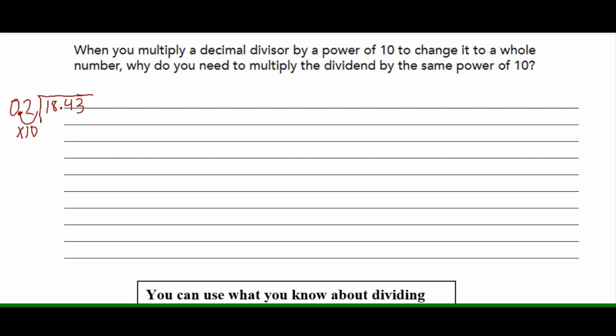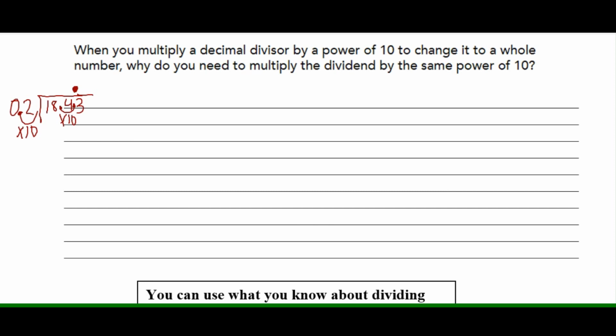So we have to move it one time to the right, so that's multiplying by 10. If you do not multiply the dividend by the same power of 10, your decimal point is going to be in the wrong spot, because your new decimal point will be in between the 4 and the 3 and not between the 8 and the 4. So if you do not multiply the dividend by the same power of 10 that you multiply the divisor by, you will not get an equivalent answer.